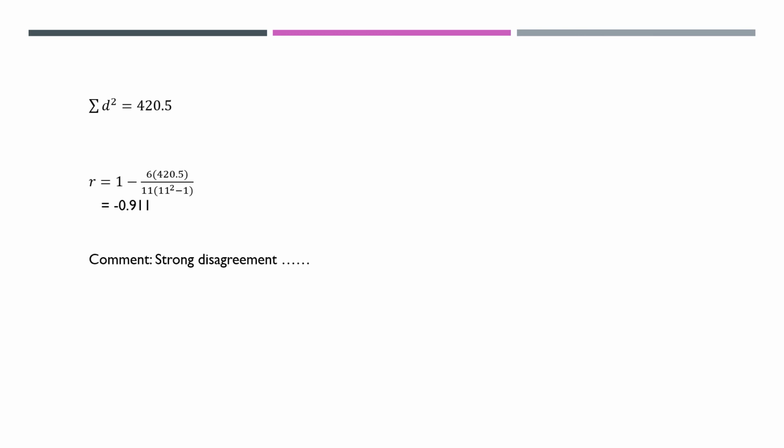You get 420.5, and then you sub into the formula. You get the answer -0.911, and then you have to give a comment. This is a strong disagreement of ranking between X and Y. That's all for this chapter, so I hope you can learn something from this video.